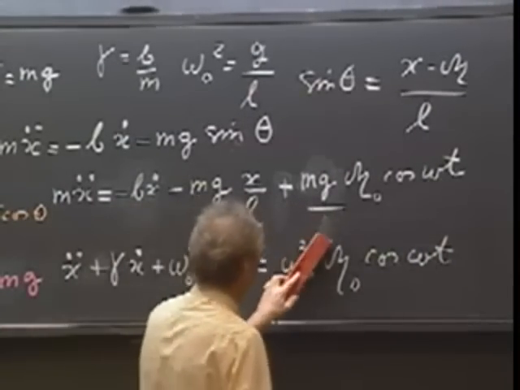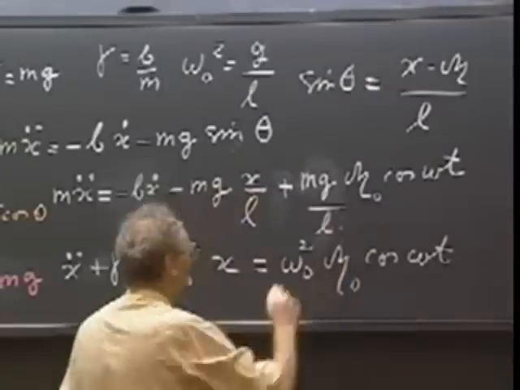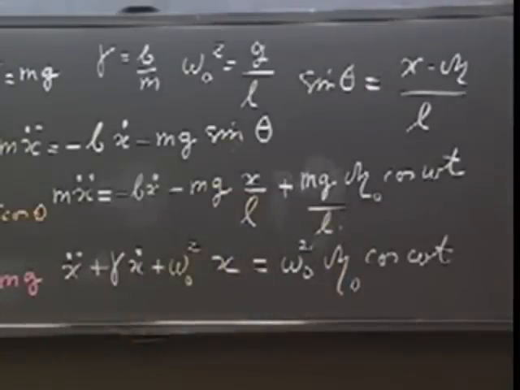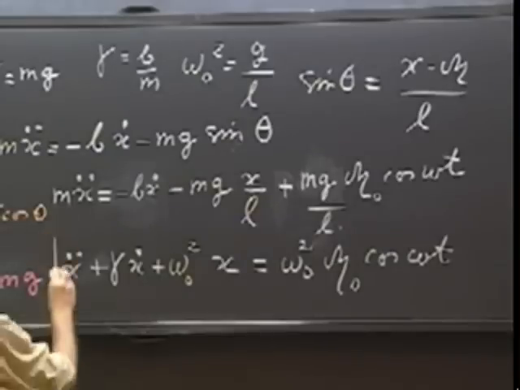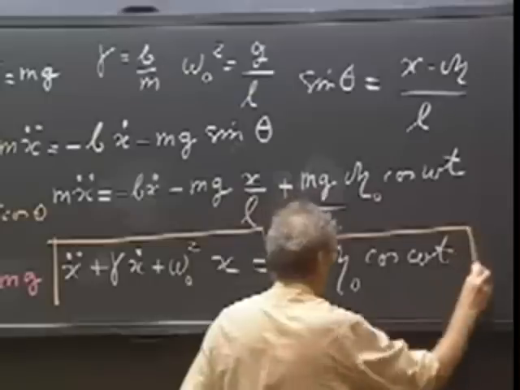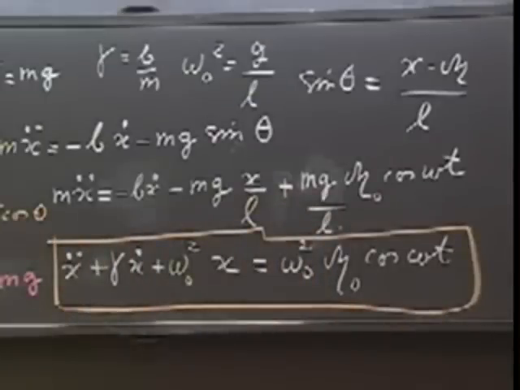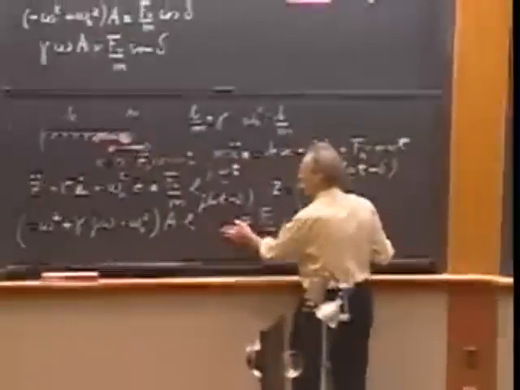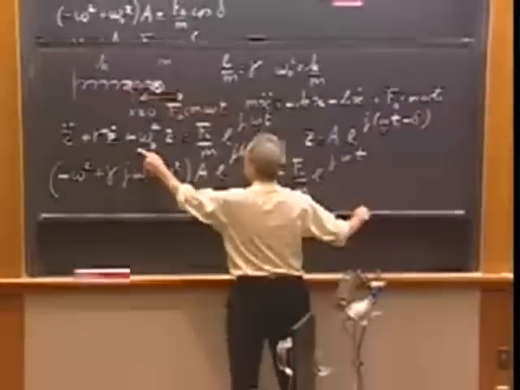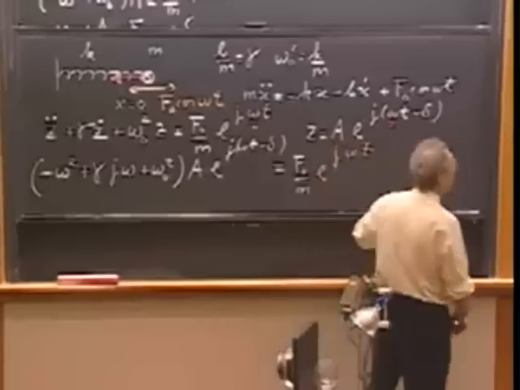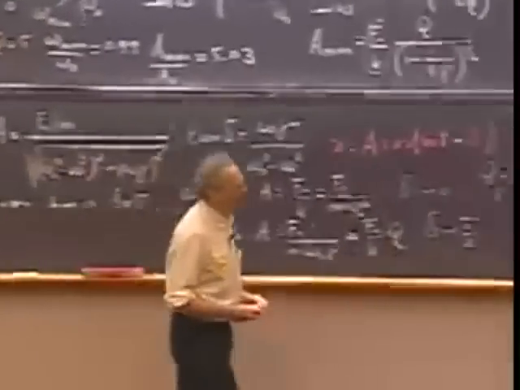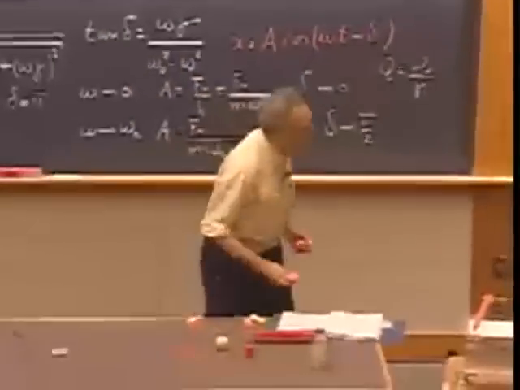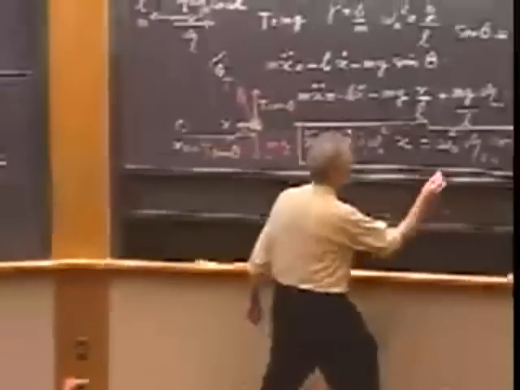I will move this up a teeny little bit, and I'm going to look now at that equation at the bottom, and I am now overjoyed, because this one looks almost like a carbon copy of the one that I had here with an F0 cosine omega t. And now instead of an F0 divided by m cosine omega t, I now have this.